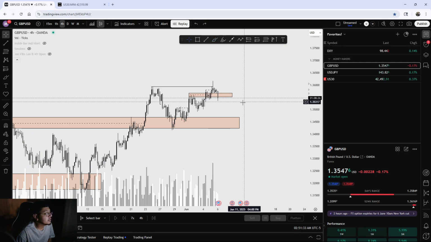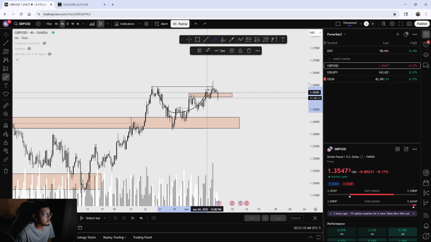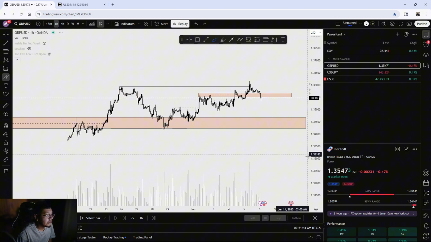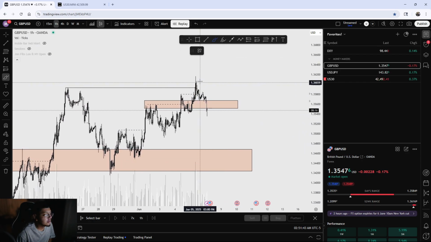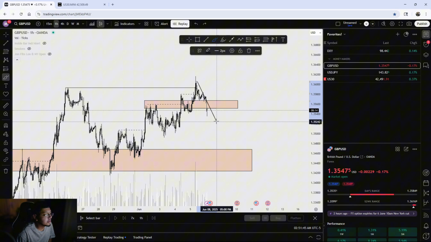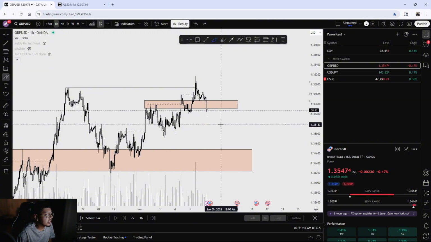But what I've seen is on the swing structure, we had a wick to the upside, taking liquidity from the upside. And we get a pretty good bearish momentum price action to the downside. And so currently GBP USD does look bearish.